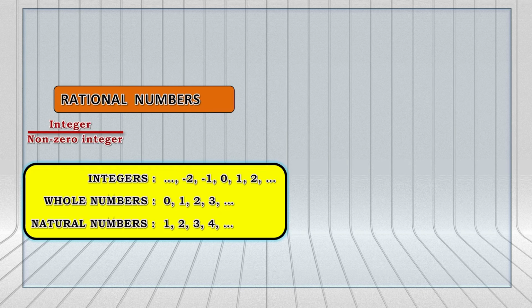Now, if we take an integer divided by a non-zero integer, that we normally call a fraction or decimal, that also comes under rational numbers. Such numbers can be terminating or non-terminating but recurring. So rational numbers are those which are terminating, or non-terminating but recurring.